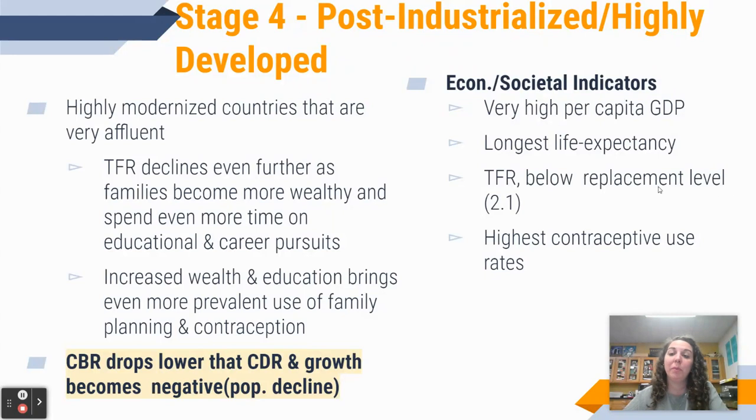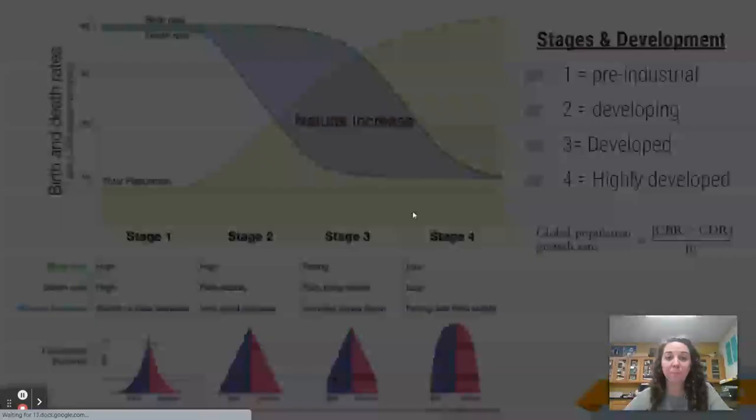Our TFR will be below replacement level, so women will be having less than 2 children on average, and this has the highest contraceptive use rates in the world. We tend to see a lot of elderly people in these societies, so this is going to be places like the United Kingdom, Germany, Italy, and Japan.